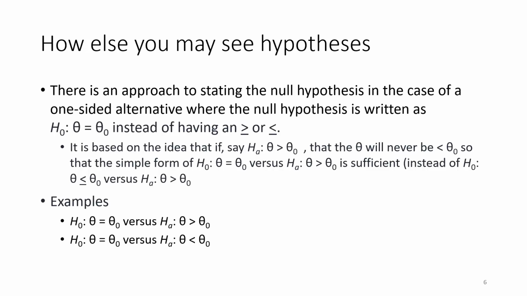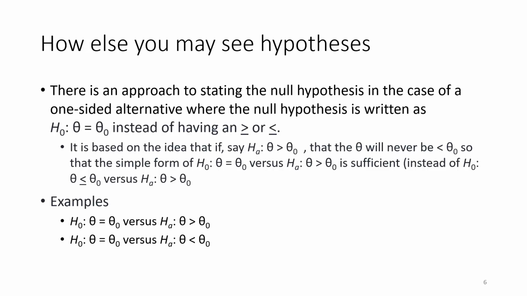When you do the simple null as an equal to, when the alternative is a greater than or less than, you're saying that the other cannot happen. So if you say the alternative is a greater than, and you specify the null as equal to, you're saying that values less than just won't exist. It just won't happen. So you're complete because you've covered all possible grounds or reasonable grounds.